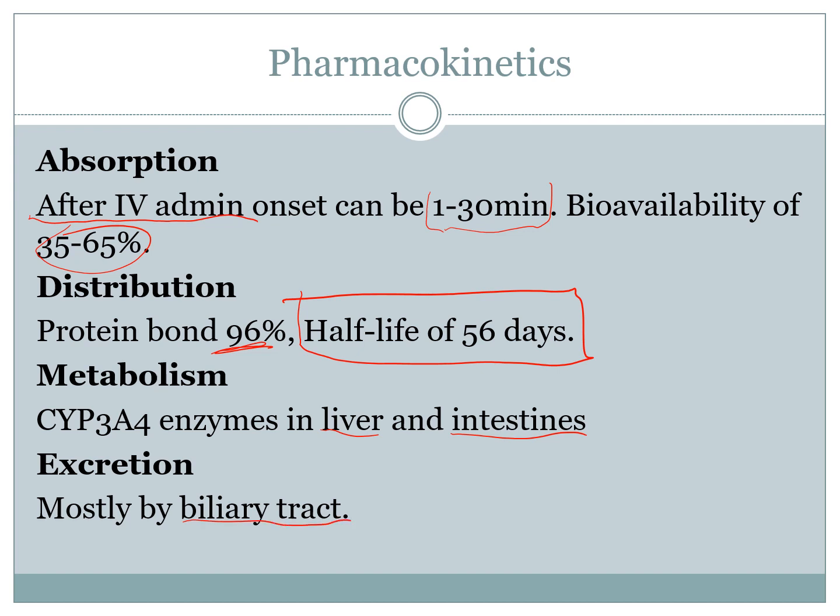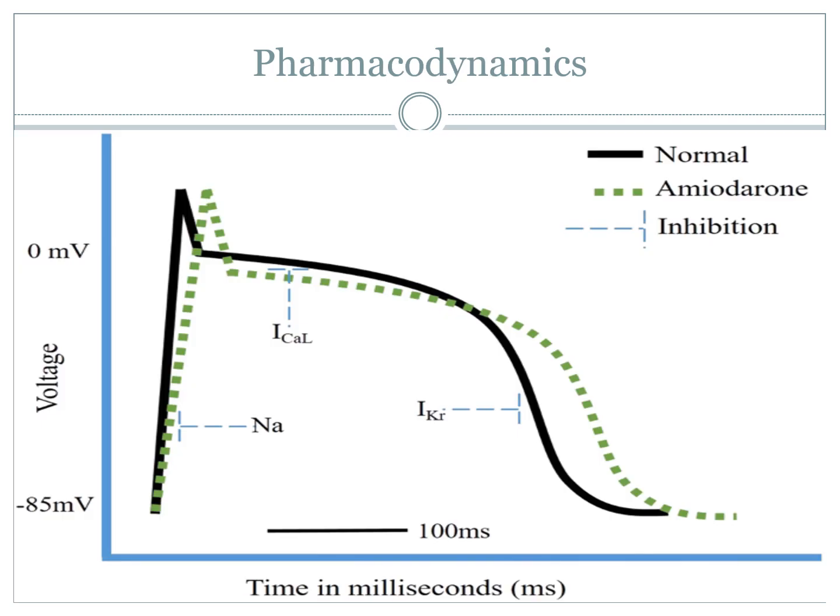As far as what it does, its pharmacodynamics, we need to think back to the classes of drugs that we just looked at and have an understanding of what it's trying to achieve when it helps with your arrhythmia problems. Because it's primarily a class 3 antiarrhythmic, which means it blocks potassium channels, we have a prolonged QT interval.